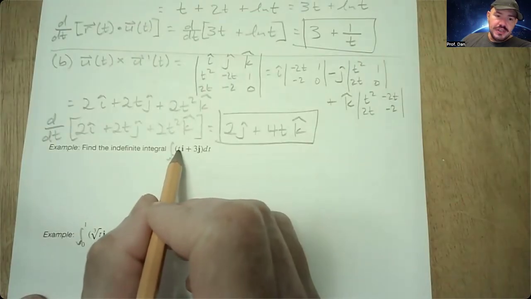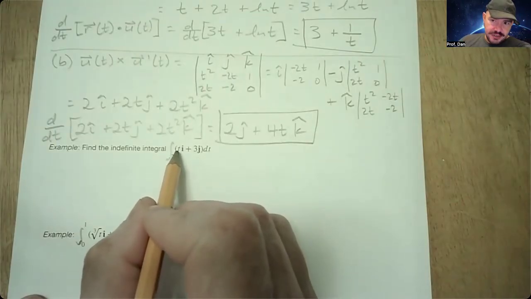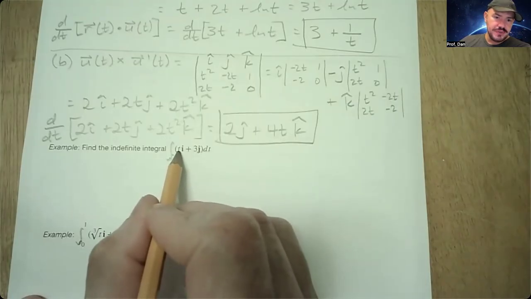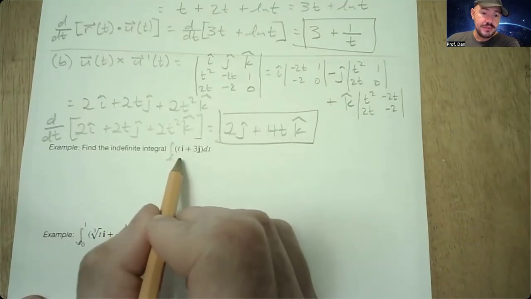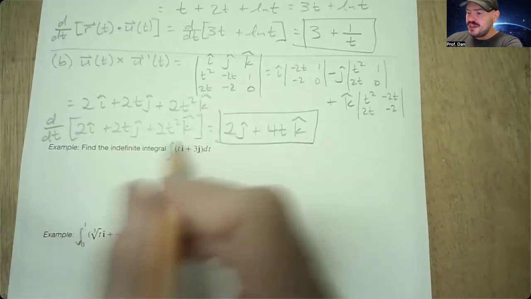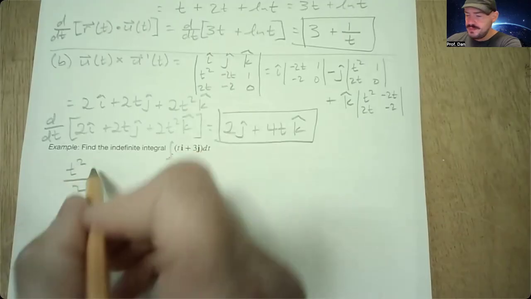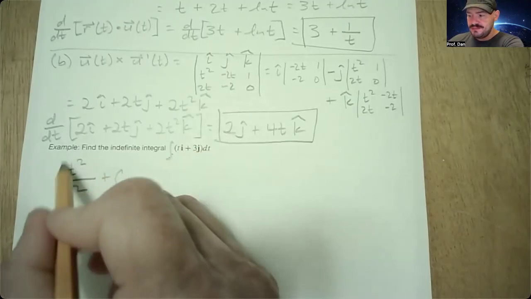But anyway, moving on. We're just going to take the antiderivative for each of these terms. So remember, for this one, we add 1 to the power, divide by the new power. So for my i component, I'm going to have t squared over 2 plus c1.